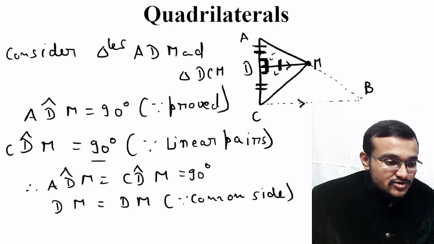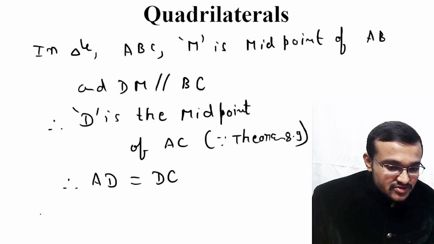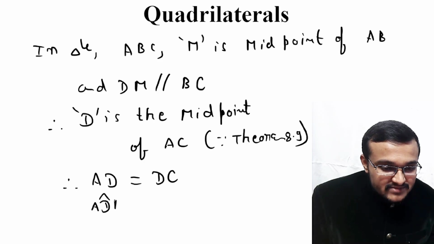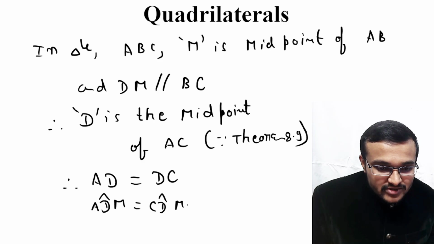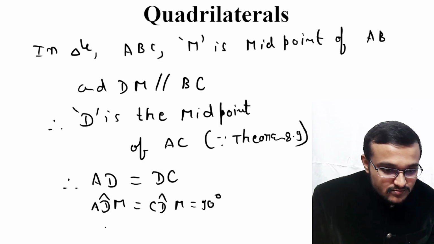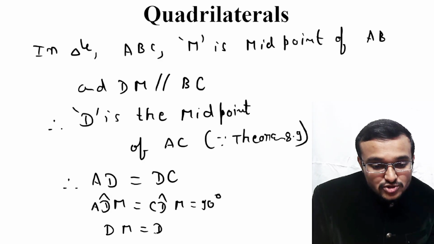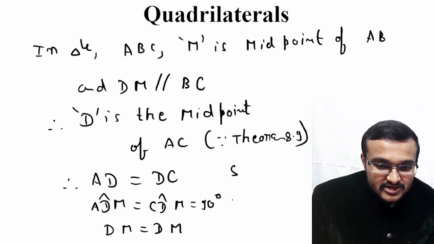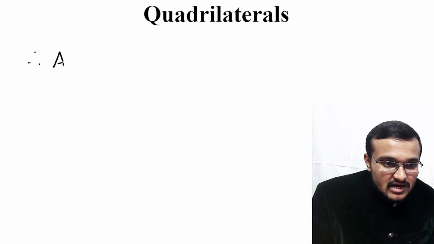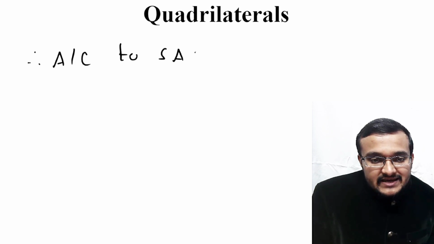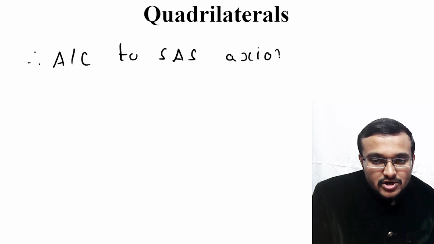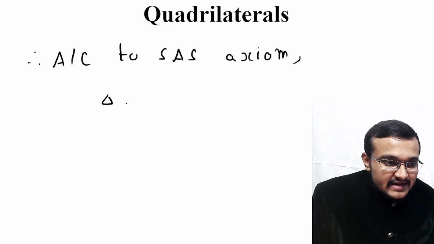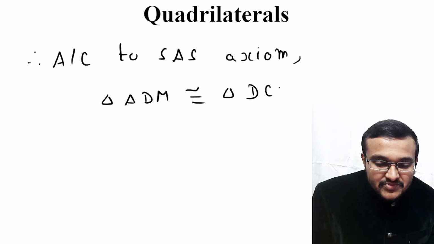So according to the SAS congruence theorem, we have got AD equal to DC, ADM equal to CDM equal to 90 degree, and we also know DM acts as a common side. So according to the SAS axiom, triangle ADM is congruent with triangle DCM.